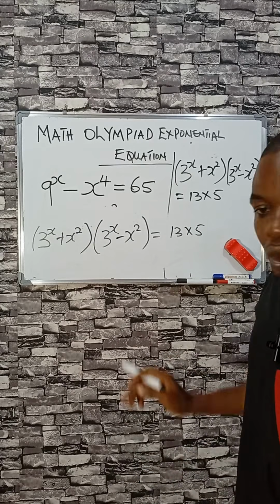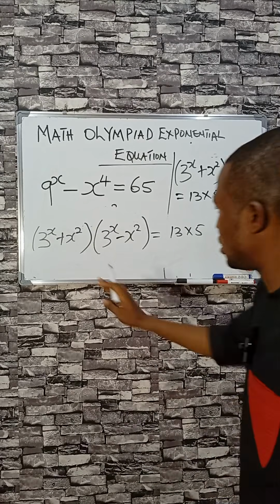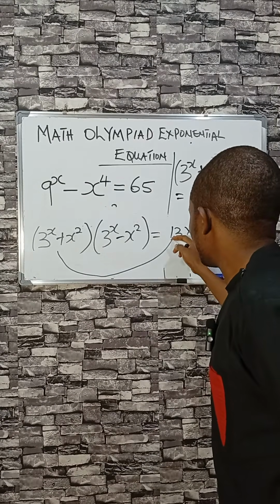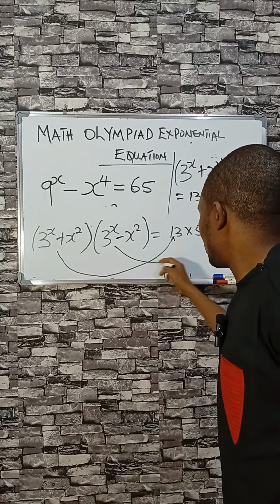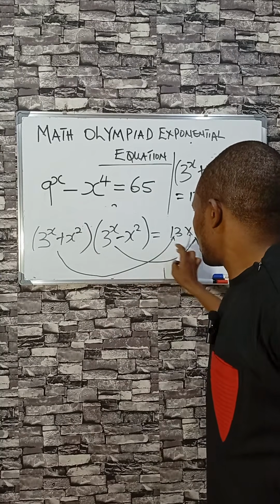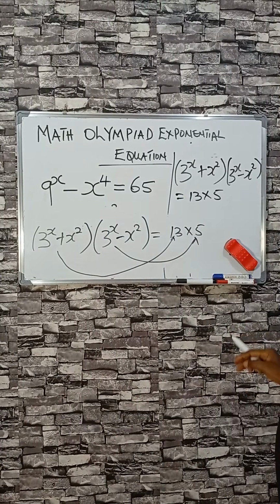Now, if we match the coefficients, the bigger bracket will go with the bigger number, 13. So we compare the coefficients that way.